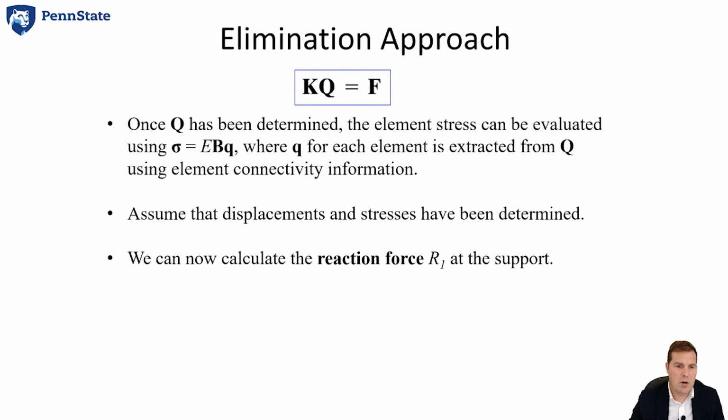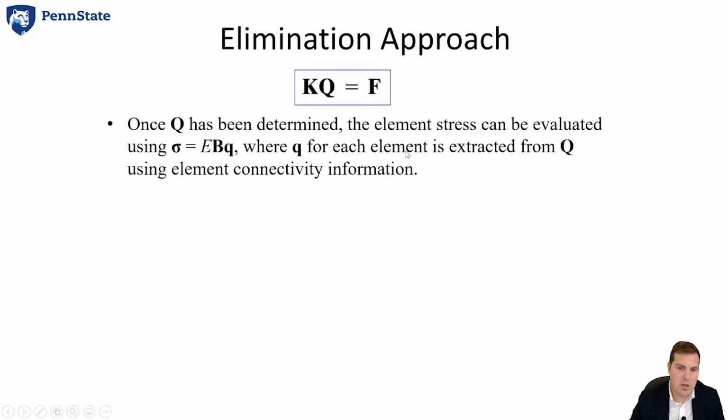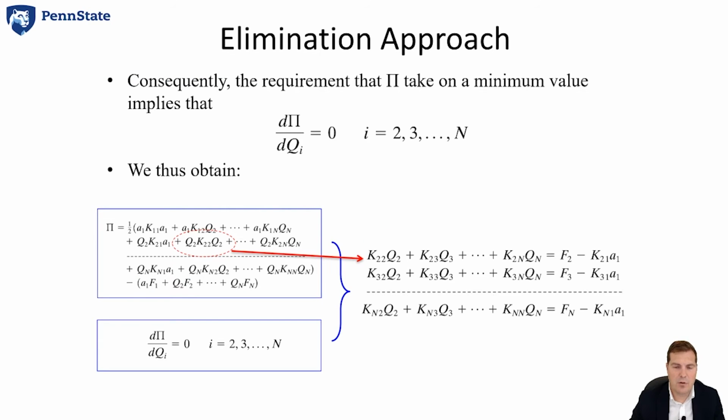Now, there is this thing called the reaction force, and those happen at the support. So in order to determine those, you have to go back. You can write basically the equilibrium equation for node 1. Where does that come from? A simple way I remember it is if you look at these equations, it's using basically the line that you eliminated, so the one that involves Q1.